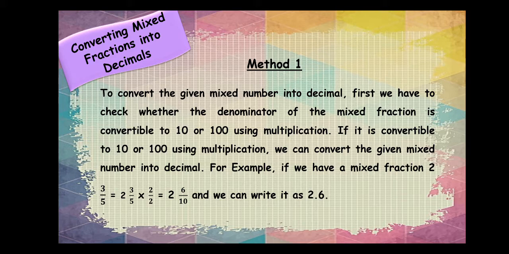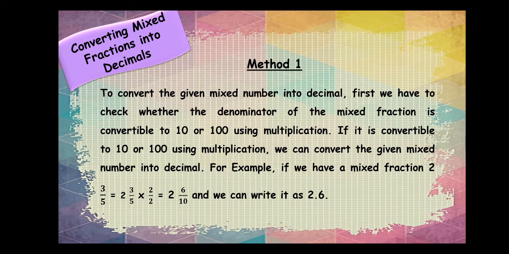Whatever we do to the denominator, we have to do to the numerator also. So we multiply both numerator and denominator by 2, and after multiplying, we get 2 whole 6 upon 10. In decimal form, it will be 2.6.